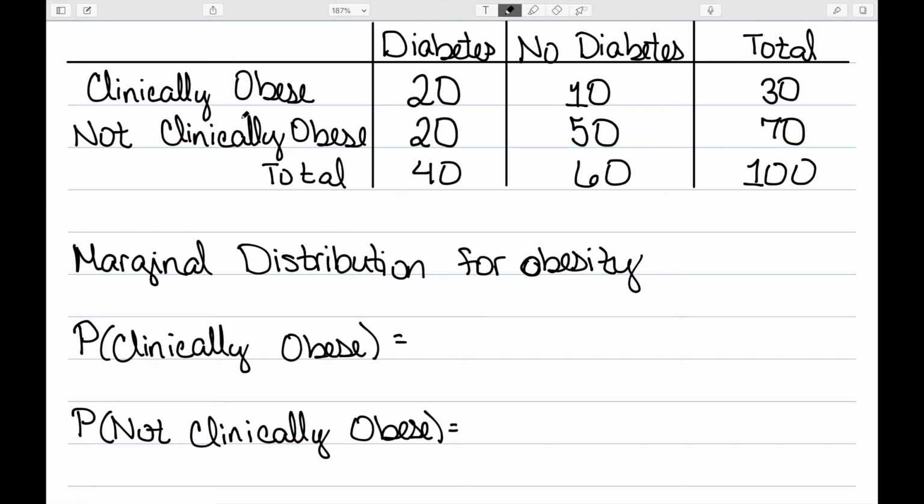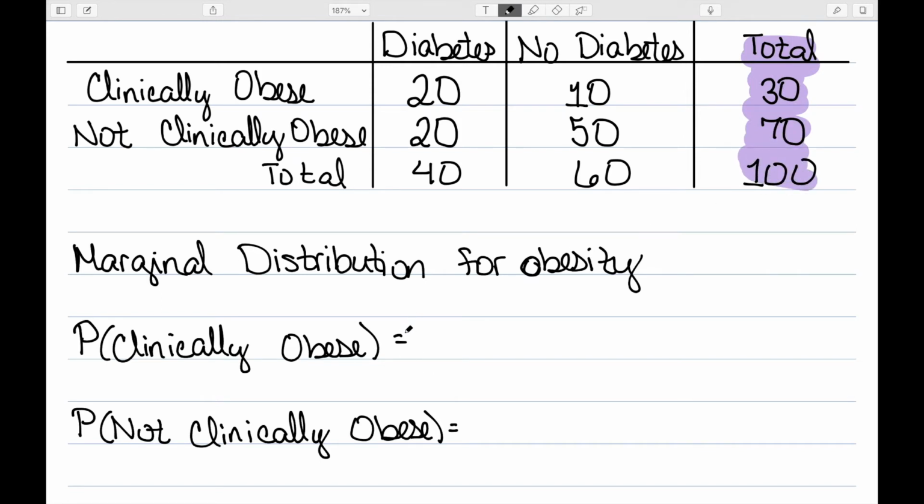Well, we have two things that could happen in obesity. They could be clinically obese or not clinically obese. So we have two probabilities that we need to find. For marginal probability, the numerator is the value in the margin, and that's what these total columns are. These are known as the margin.